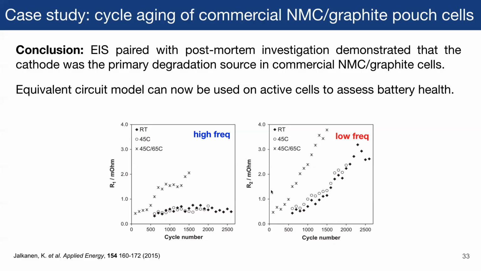So you know that if you're at high values of resistance for this R2 value, your cathode is starting to degrade, and you can potentially start to change the way you're cycling it in order to reduce that degradation.